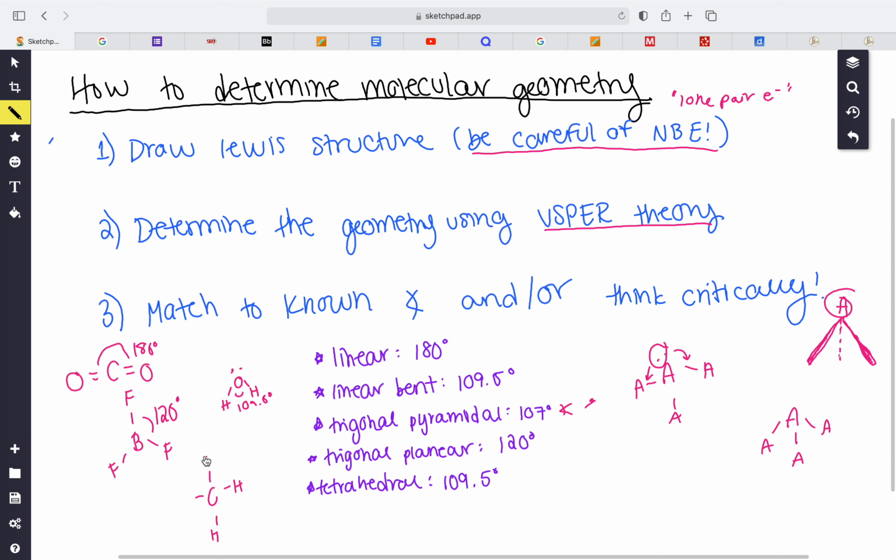H, H, H, and H. And these are going to be 109.5. Again, you have to think about this in a 3D sense. You might be looking at this and you're like, oh, why is that not 95? That's because in a 3D world, they're actually able to spread out a bit more because they have a whole other axis they can go to. So they can spread out a little bit further apart from each other, giving them that 109.5.